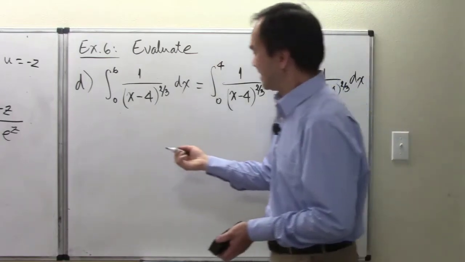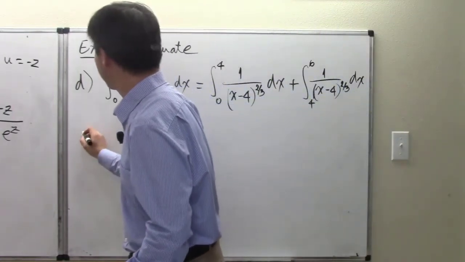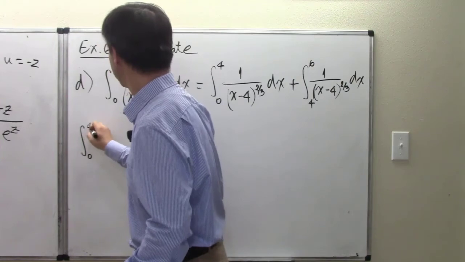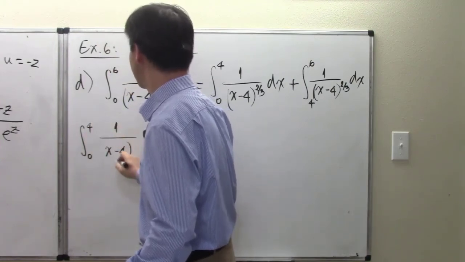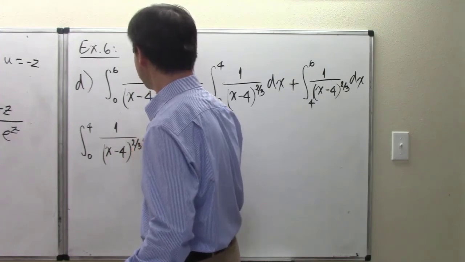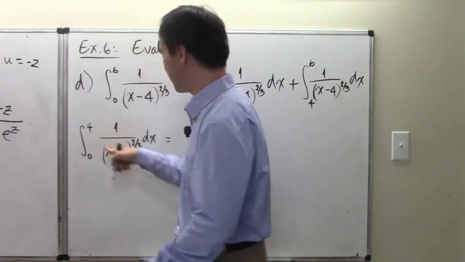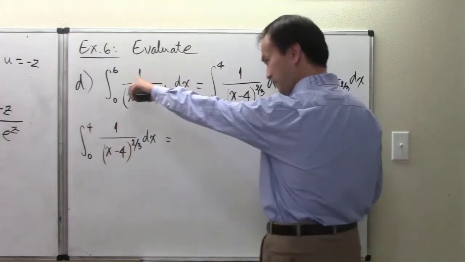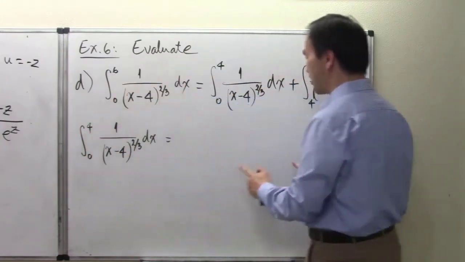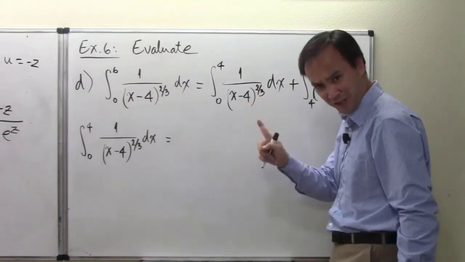Okay, so now I'm looking at the integral from 0 to 4 of 1 over (x minus 4) to the 2/3 power. Knowing this one here will be convergent too, simply because if the whole integral is intended to be convergent, then both of these must be convergent.